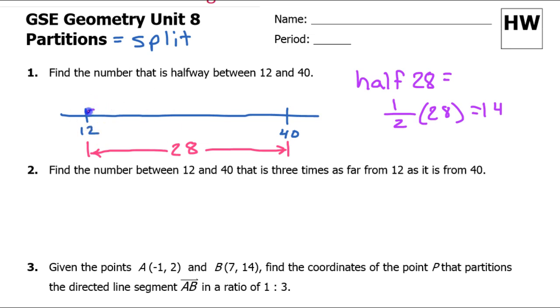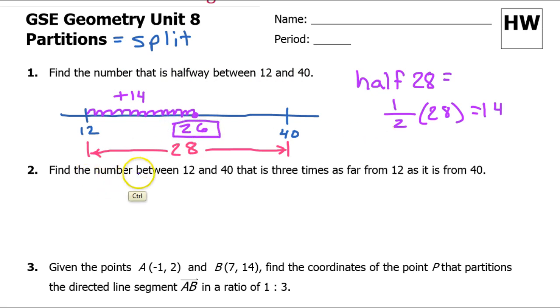So if I wanted to go 14, 1, 2, 3, 4, 5, 6, 7, 8, 9, 10, 11, 12, 13, 14. Boom. If I went 14 steps to the right, didn't I just add 14? So if I want to figure out where I am halfway, that'll just be 12 plus 14. So that will be 26. So what's the number that's halfway between 12 and 40? 26.